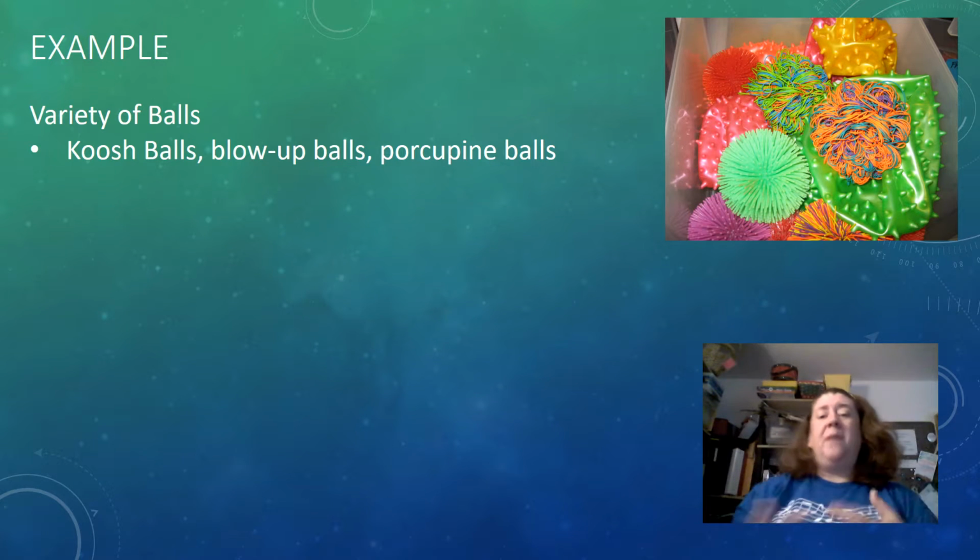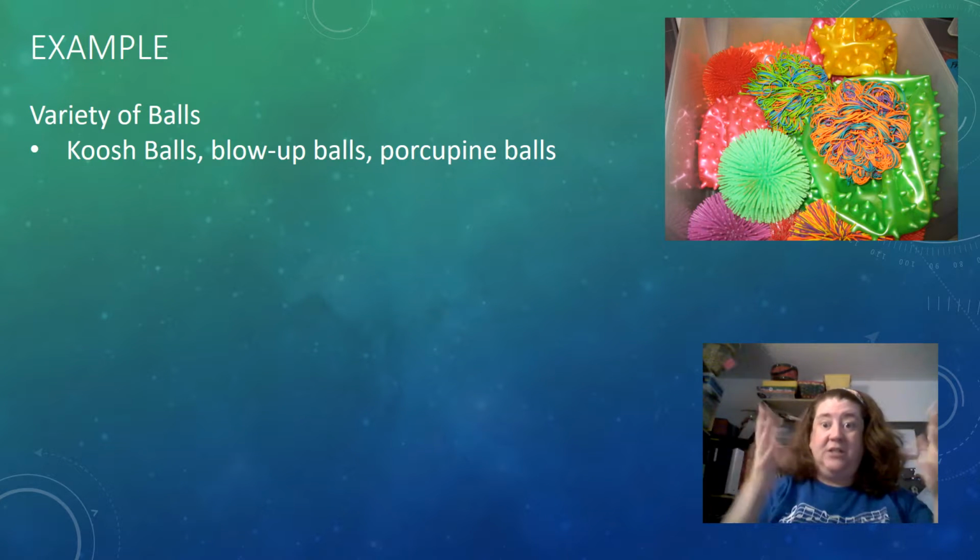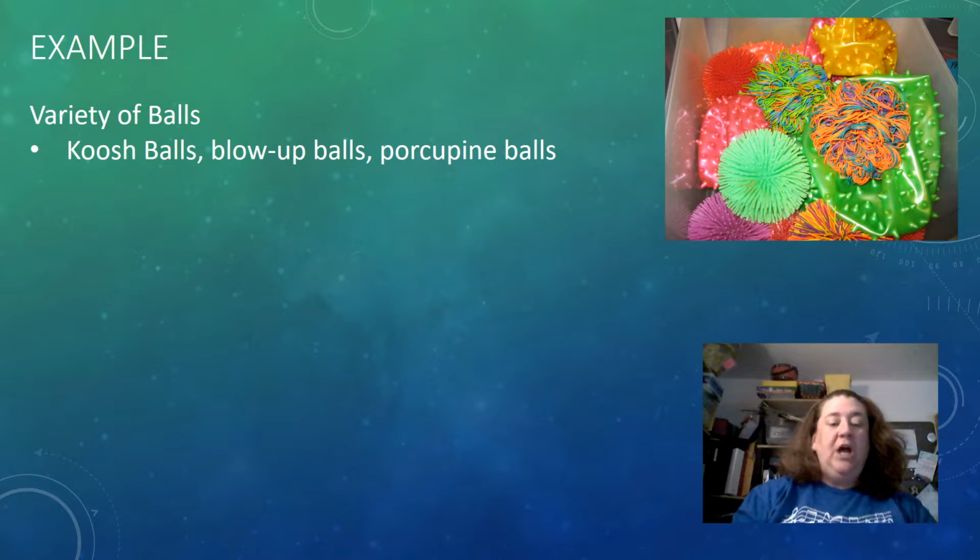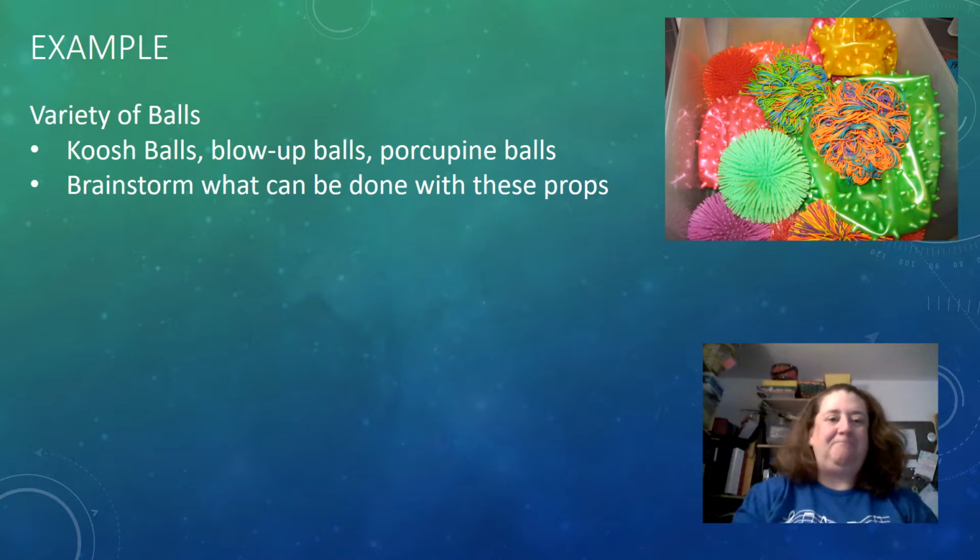And so what I'm going to do is use this idea of having these balls in my session as my material. The first thing that I'm going to do is write in my materials available, I'm going to write down balls. And I might delineate a little bit further: couche balls, blow-up balls, porcupine balls. Might not. Maybe I could just do things with the balls that I have.